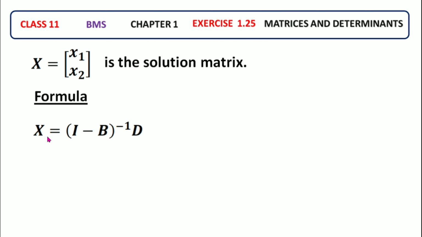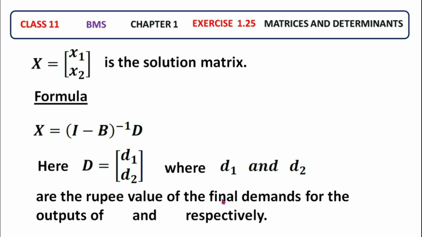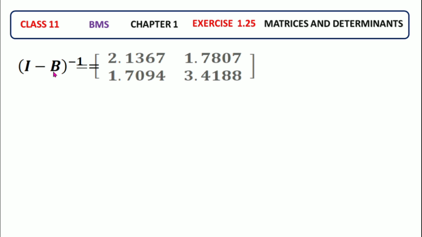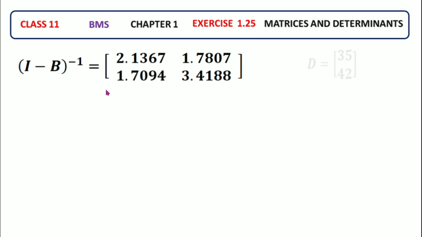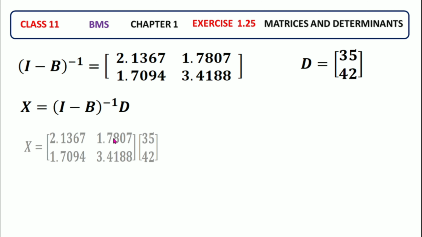Formula to find the X: I minus B whole inverse D. Here D equal to D1, D2, already given in the question, where D1, D2 are the rupee values of the final demands for the outputs of P1 and P2 respectively. I minus B whole inverse is solved. D is the matrix given in the question, 35, 42. X is equal to I minus B whole inverse into D.